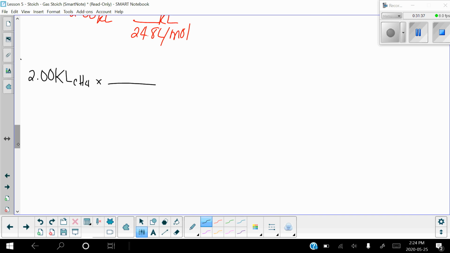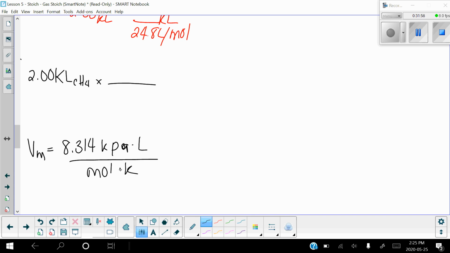So you are going to use your R constant to find your molar volume. Okay, so we're going to start off with our R constant, 8.314 kPa·L over mol·K. We need to cancel out our pressure and our temperature.